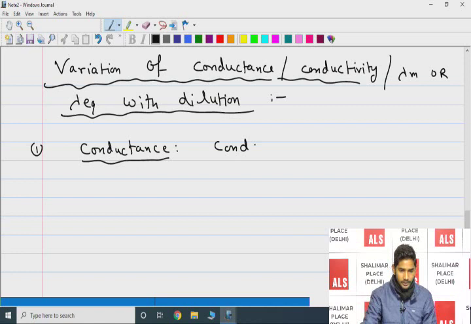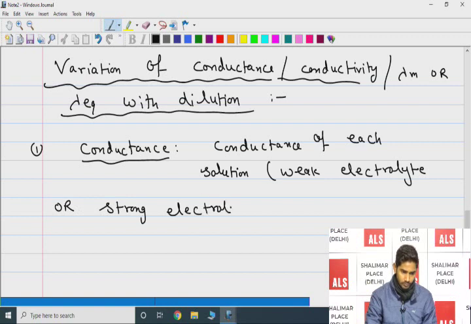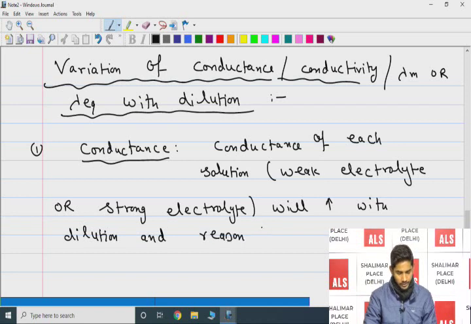Okay, that the conductance of each solution, weak electrolyte or strong electrolyte, will increase with dilution, and the reason for both is different.